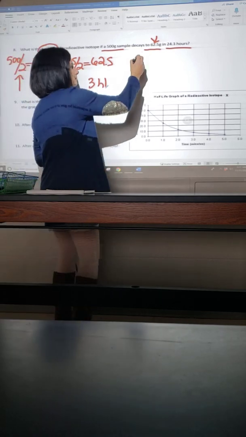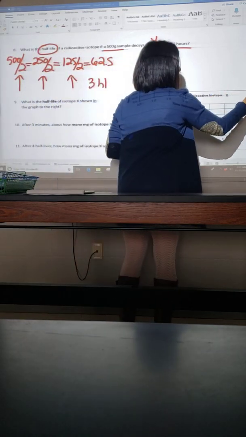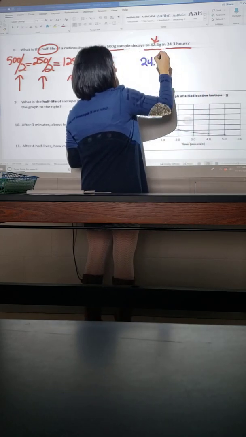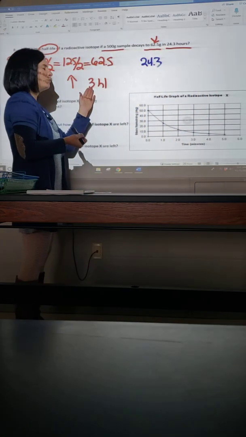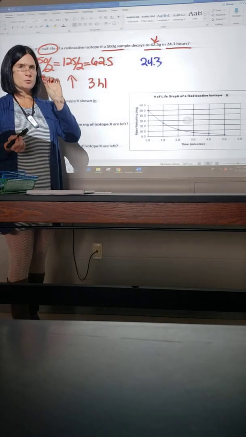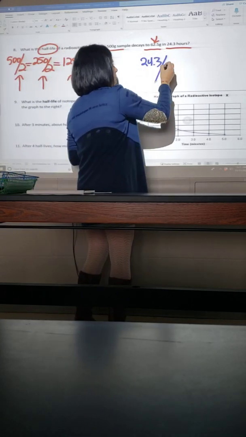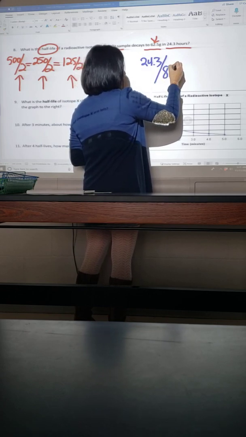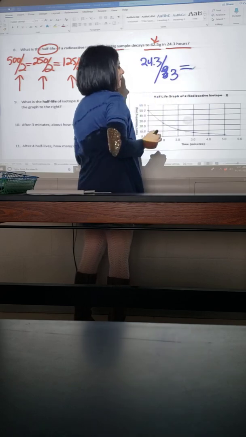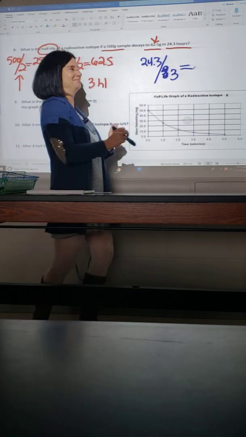Divide the amount of time by the half-lives. Good. So we have a total time of 24.3 hours. And we know if we would split that in 3, each one of those would represent the half-life. So 24.3 divided by 3 gives me what? 8.1.